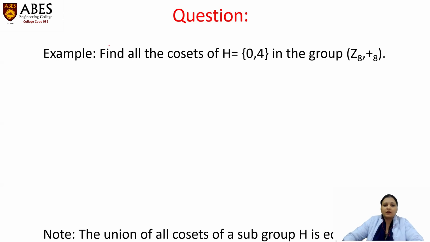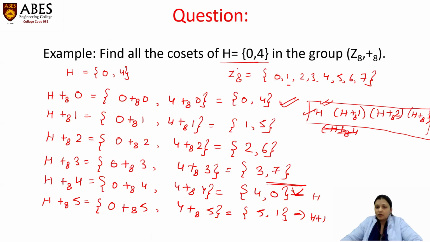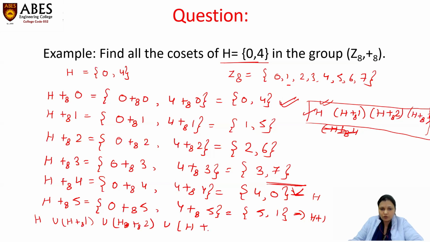So from here I can make a conclusion that if we take the union of any 4 cosets, for example H union H addition modulo 8, 1 union H addition modulo 8, 2 union H addition modulo 8, 3, if we take the union of these sets, we will again get the group 0 1 2 3 4 5 6 7.